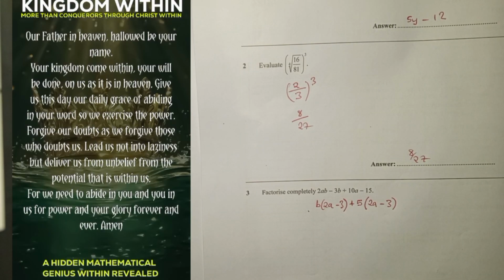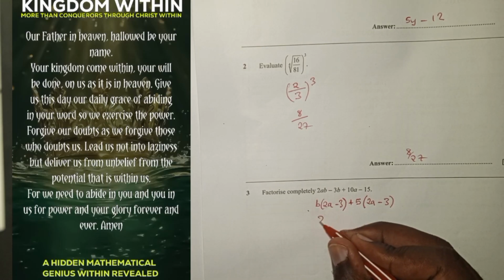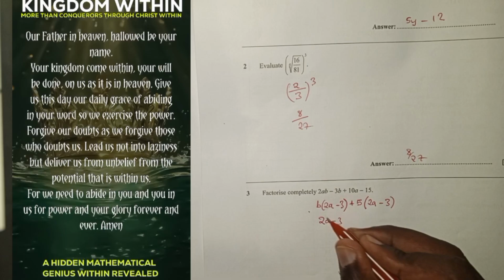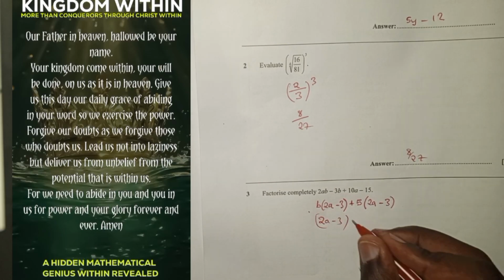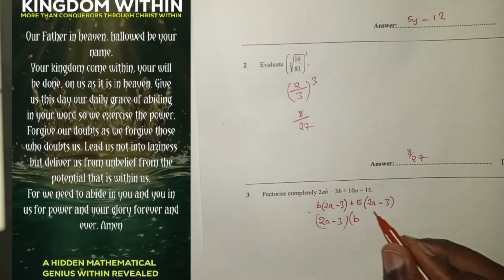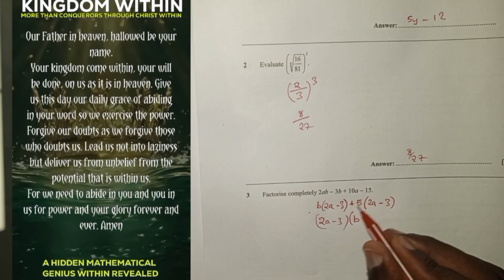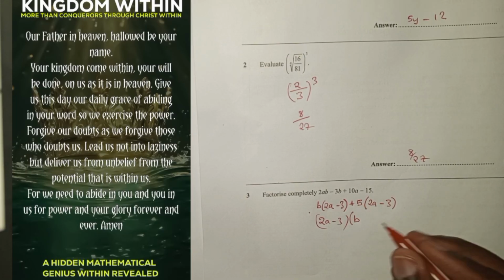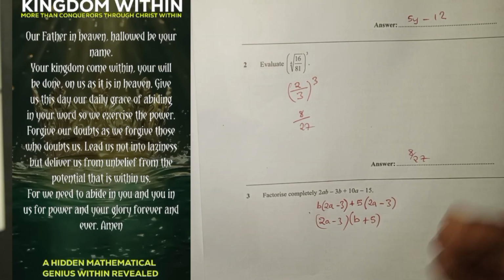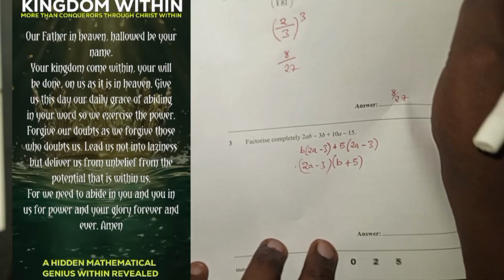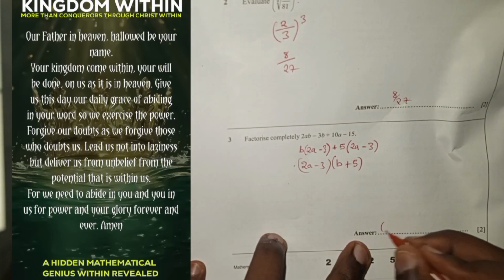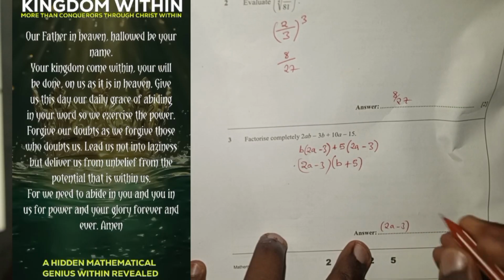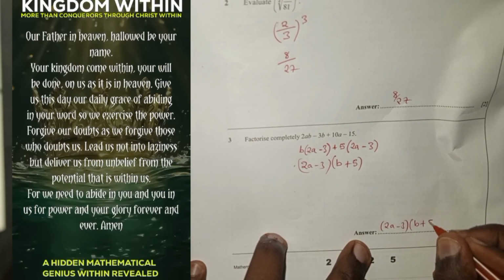So 2a minus 3 is common. When you divide out 2a minus 3 here, you remain with b, and when you divide it out this side, you remain with plus 5. So the answer is the product of 2a minus 3 and b plus 5.